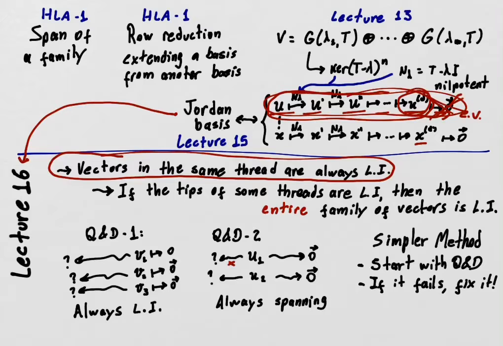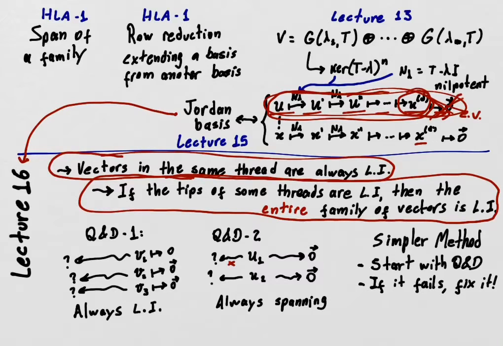Well, using the same argument, it is just more variables and more objects to juggle with. But using the same proof, you can actually show that if the tips of a collection of threads form a linearly independent family, then the entire collection of all vectors present in the threads are also linearly independent.